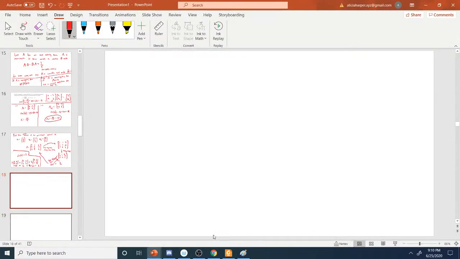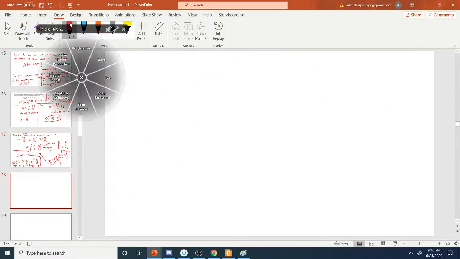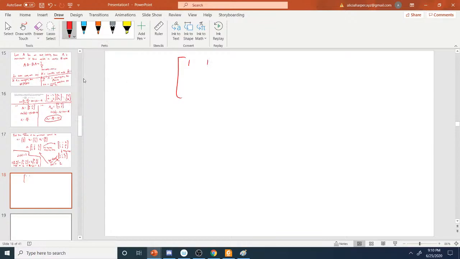I'm going to do the following linear system. Here I'll have 1, 1, 3, and then 4, 5, 2, and then 3, 0, 7.